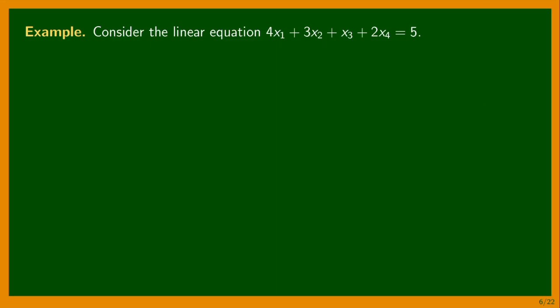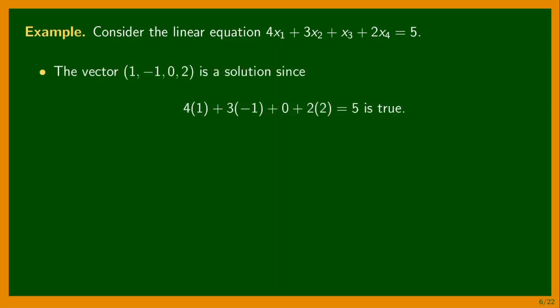As an example, you can consider the linear equation in 4 variables: 4x1 plus 3x2 plus x3 plus 2x4 equals 5. Notice that the vector with components 1, negative 1, 0, 2 is a solution to this equation, because if one substitutes 1 to x sub 1, negative 1 to x sub 2, 0 to x sub 3, 2 to x sub 4, we get an equation which is true.